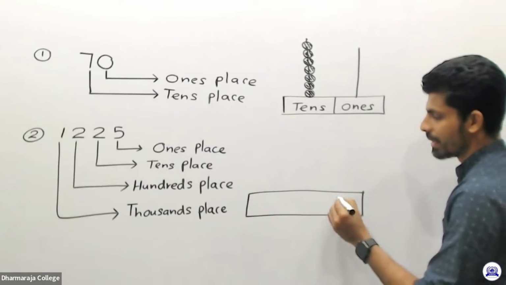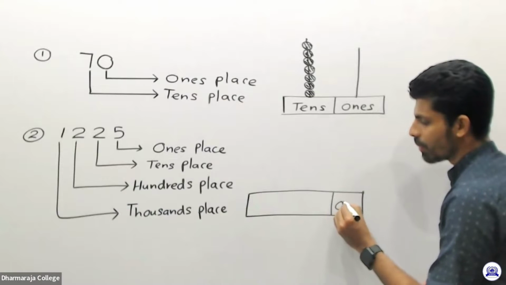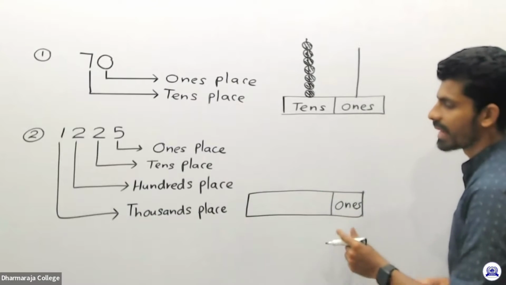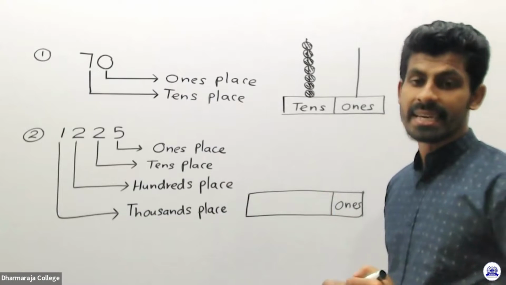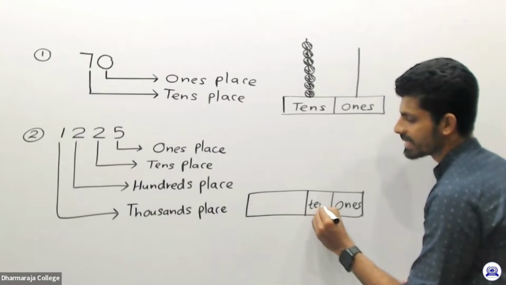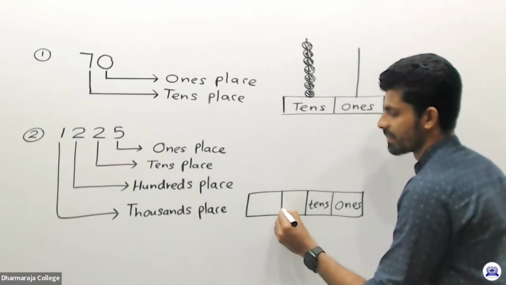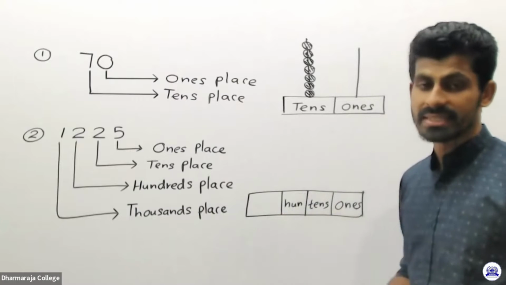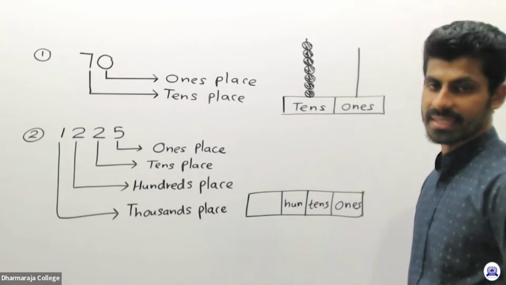Okay, look at this one. Ones, tens, ones. So I'll write down tens and hundreds: ones, tens, hundreds.